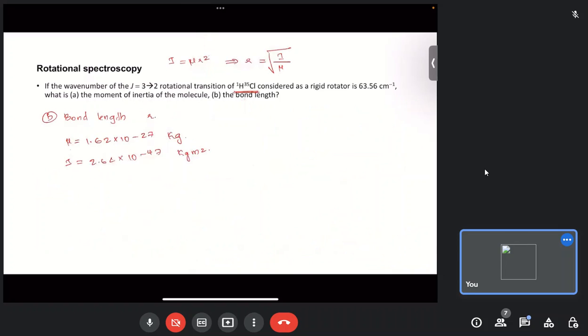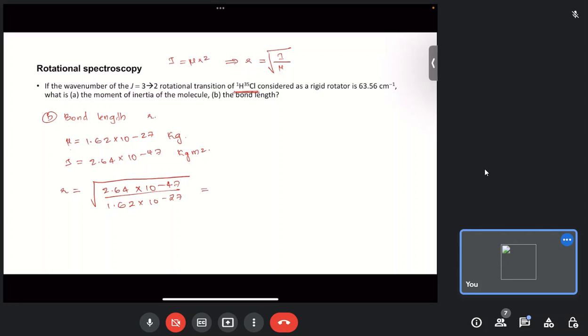Now we have to find what is R. R is equal to square root of 2.64 into 10 to the power minus 47 divided by 1.62 into 10 to the power minus 27.